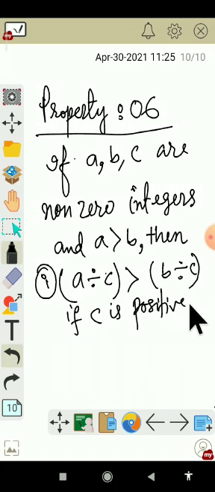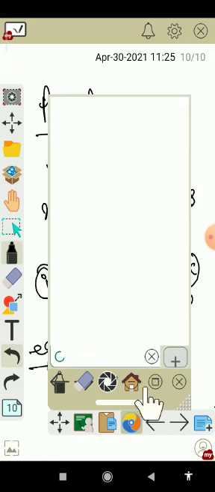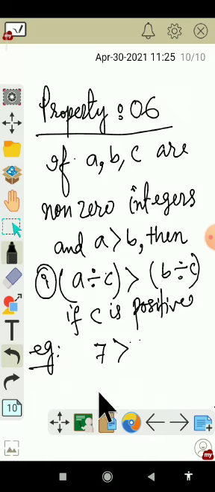So one example we can take. Suppose a greater than b, 14 greater than 6, or 27 greater than 9.